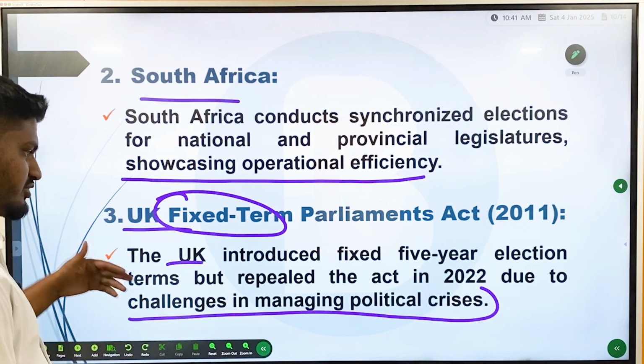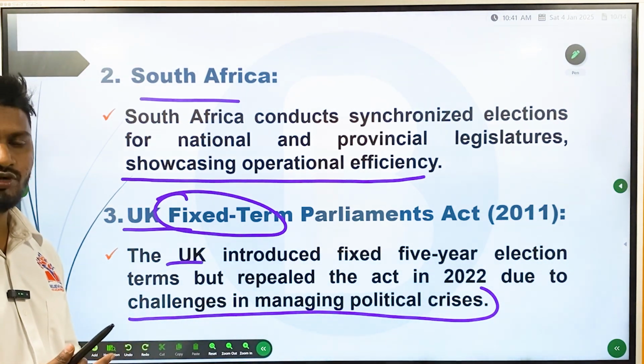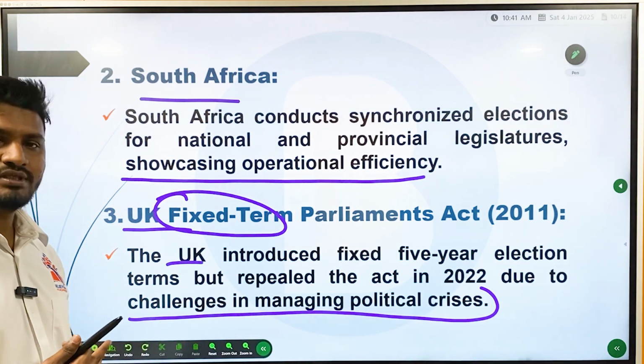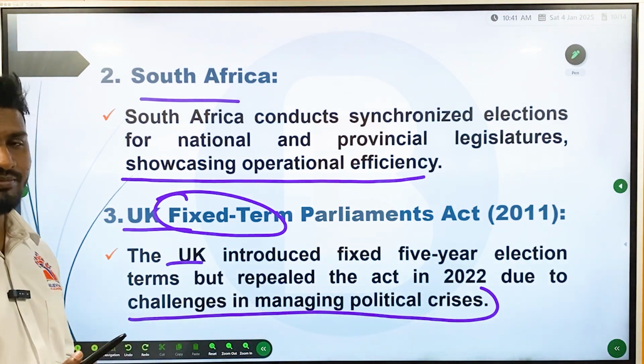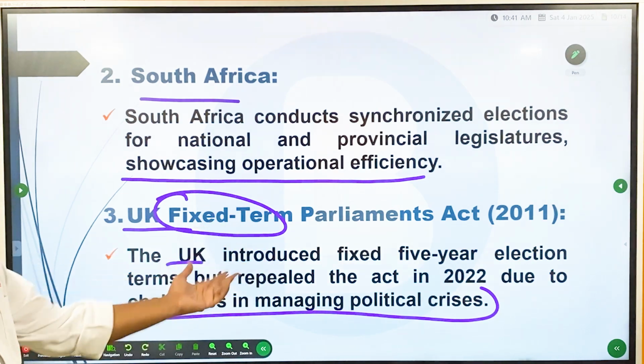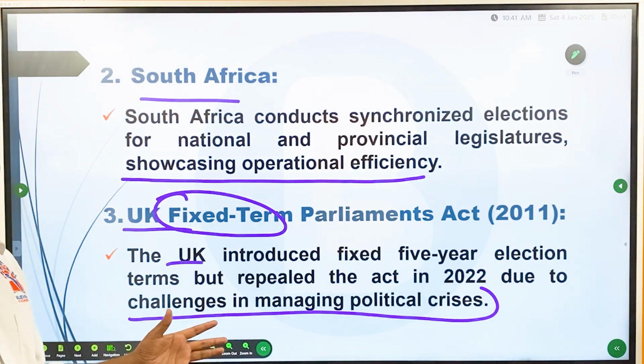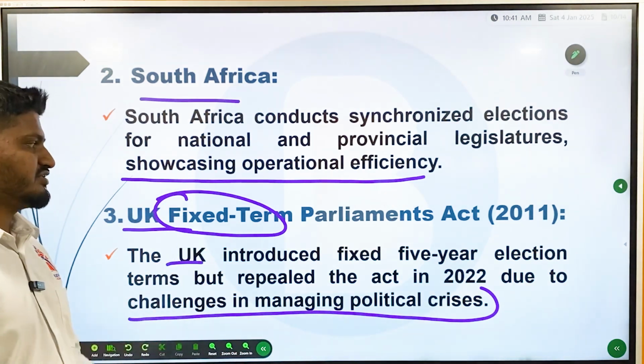Before him there were other prime ministers, like Boris Johnson, who kept losing before the completion of their term. As a result, there were many challenges, so they had to repeal the UK Fixed Term Parliaments Act. So there can be challenges arising in India if we bring a Fixed Term Parliaments Act.